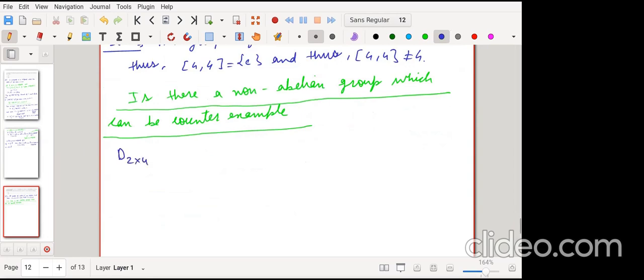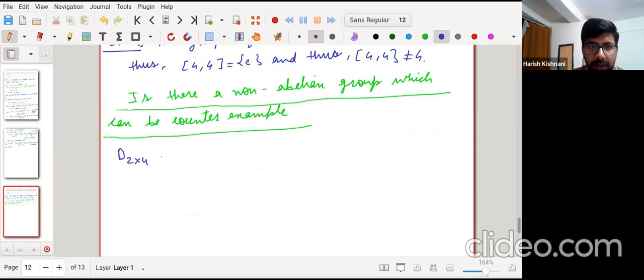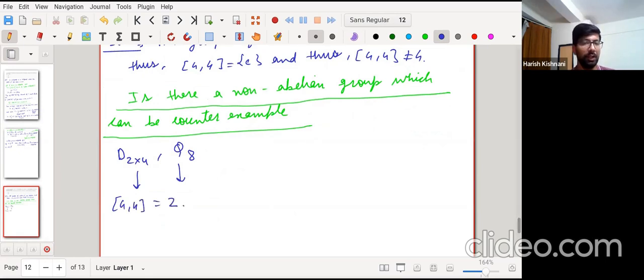It's of the form D2n, and you can also pick Q8. You can check for both of these groups, the size of the commutator is just 2.